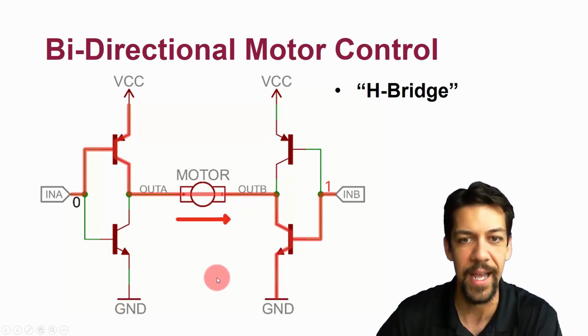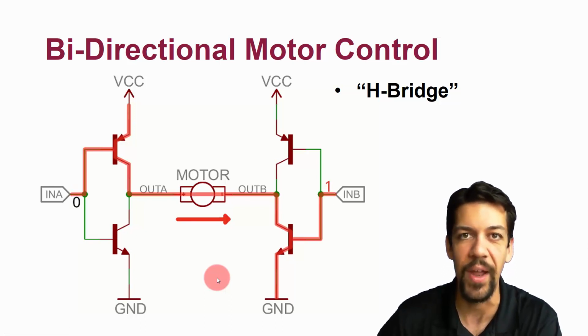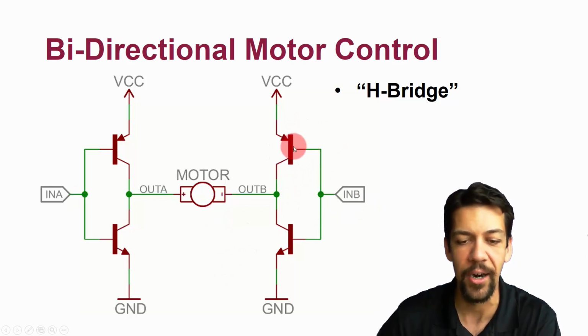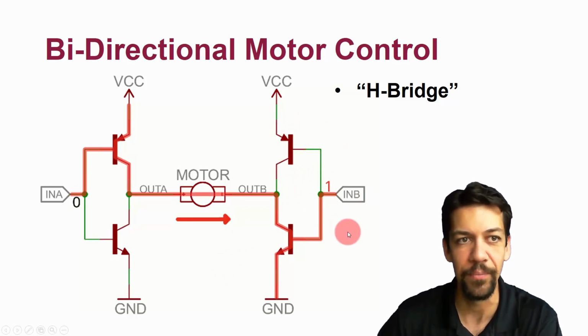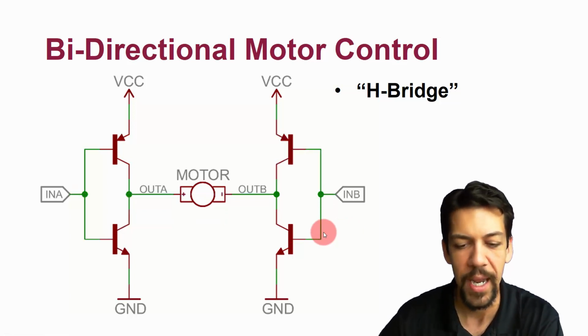So we have that option. If they're both 0, that's a braking condition. If they're both 1, and because these are active high, or active low, then if they're both 0, then that's just an off idle position for the motor.